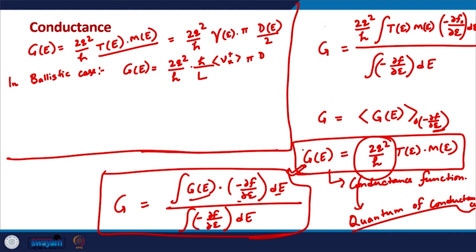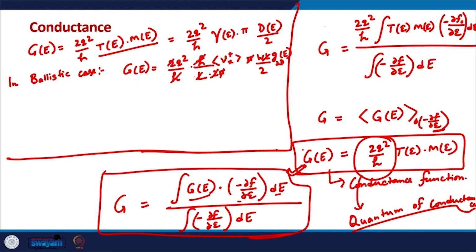Pi D is for a 2D channel, since we are doing all the discussion for a 2D channel, this D is W times L times G2D(E) by 2. This h bar can be written as h by 2 pi. So, h goes away, 2 and 2, pi with pi cancel.